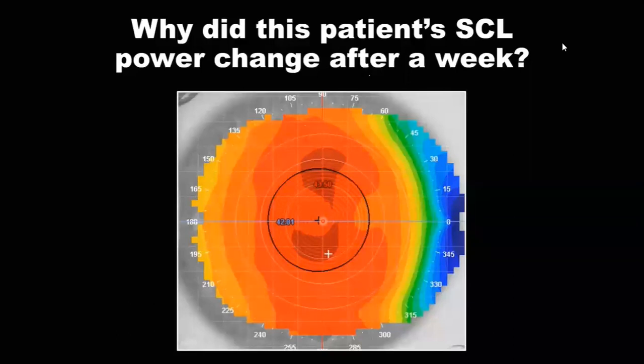Why do we do that? Because there is so much evidence that wearing contact lenses changes the shape of the cornea, and we can find that out using topography.